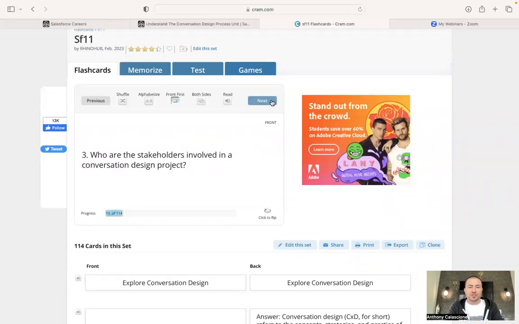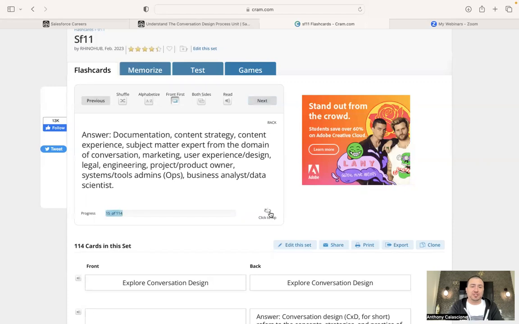Who are the stakeholders involved in a conversation design project? Documentation, content strategy, content experience, subject matter expert from the domain of conversation, marketing, user experience design, legal, engineering, project and product owner, systems tools admins, business analyst, data scientist.